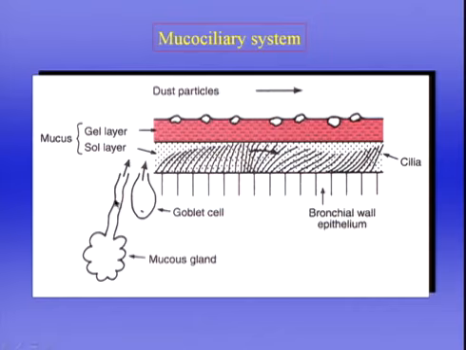And you can see a duct takes the mucus up to the airway, and that's where the mucociliary escalator is located. The mucus is tenacious. If dust particles fall on it, they're swept up towards the epiglottis, where they're tipped over into the gastrointestinal tract.